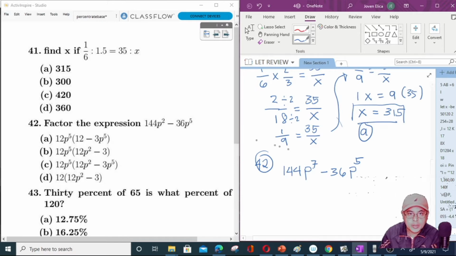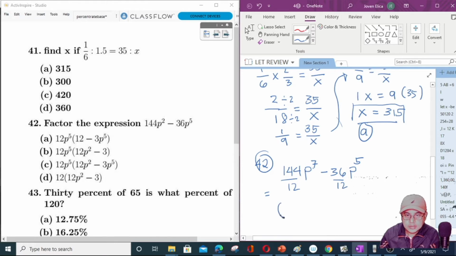This is a typographical error. Now, if we're going to factor out this one, we can see that it's a common factor. The common factor of 144 and 36 is 12. Okay, and then divide both sides by 12.